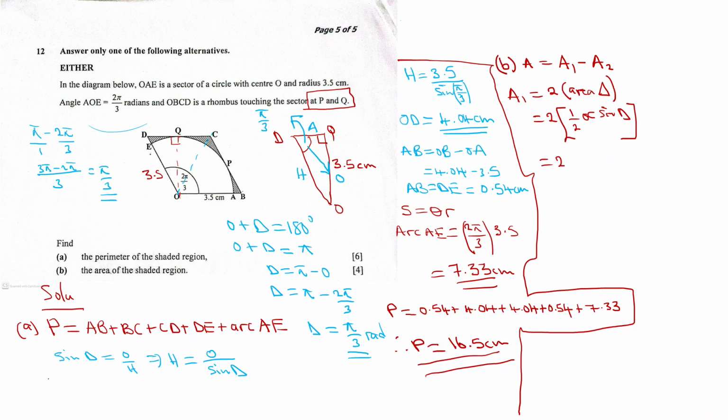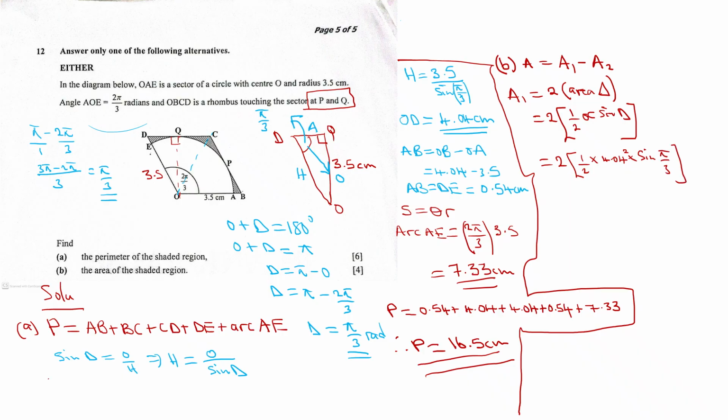Let's work it out. This will be equal to 2 multiplied by half times our O, which we have calculated. That is the length of the rhombus, which is 4.04. Now, since OC and O are equal, we are going to have 4.04 squared, then times the sine of the angle. The angle D is pi divided by 3.